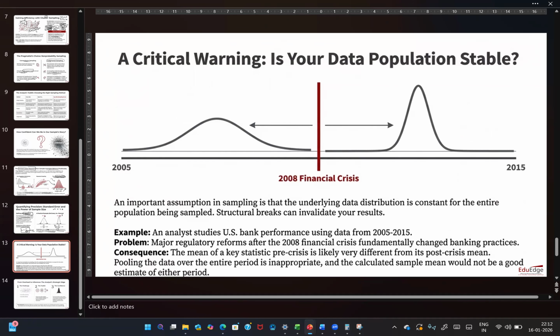Whenever you do sampling, you need to also understand if your data population is stable or not. For instance, an example of pre and post 2008 financial crisis. Pre, the distribution of asset prices were quite wide and it widened the most in 2008.